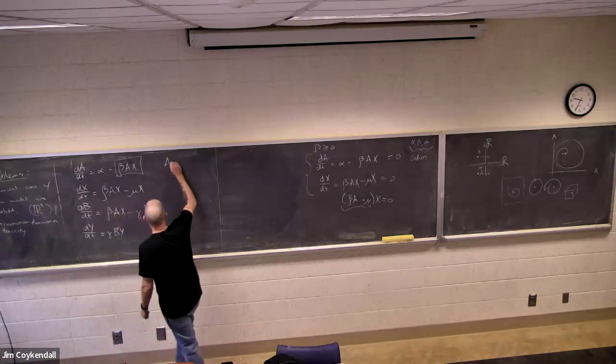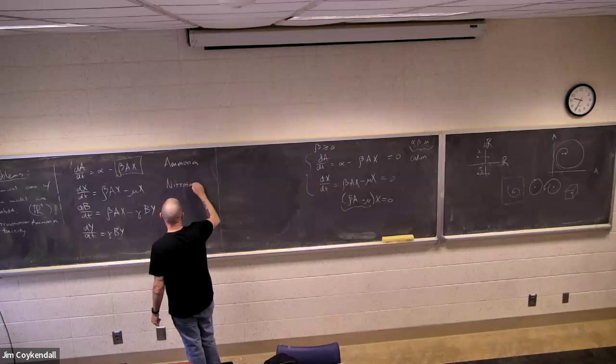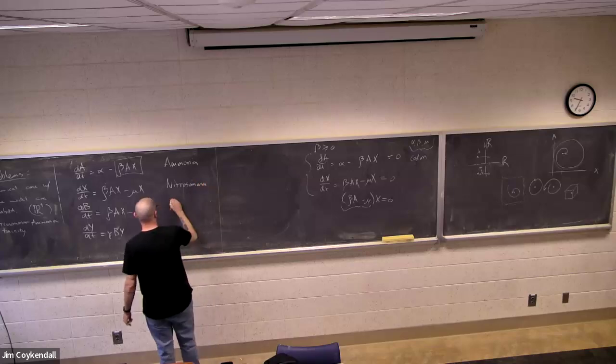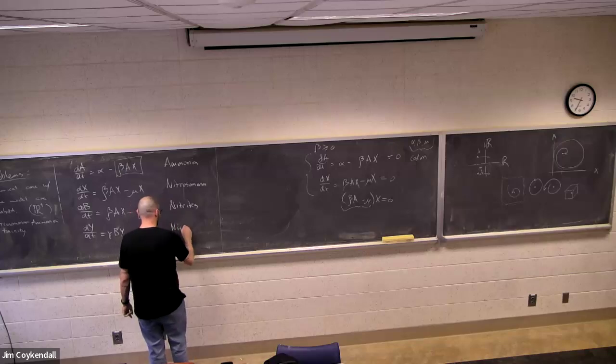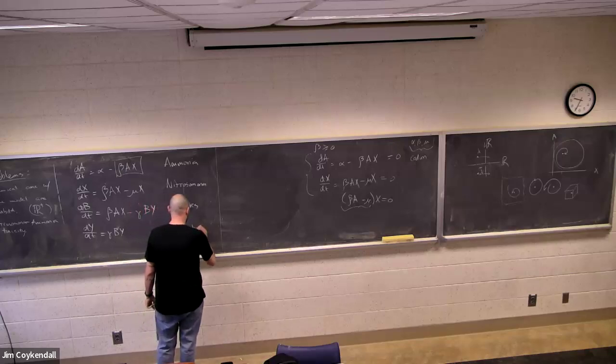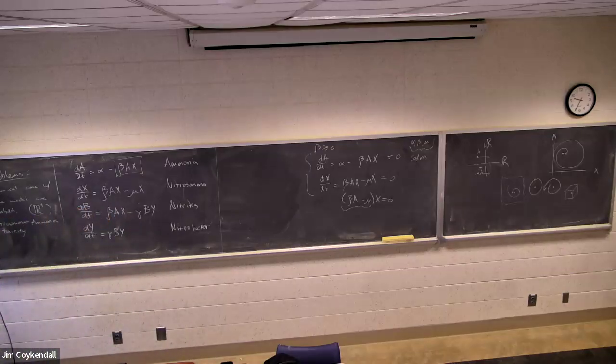I'm going to write this down because I keep saying it over and over again. By the way, just like there's multiple forms of ammonia, there's multiple forms of nitrites. I'm just gathering them all together into a single variable.